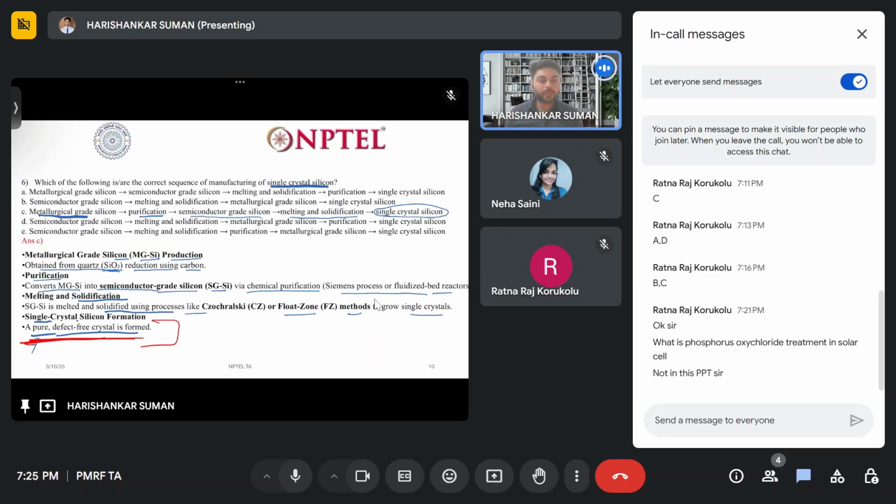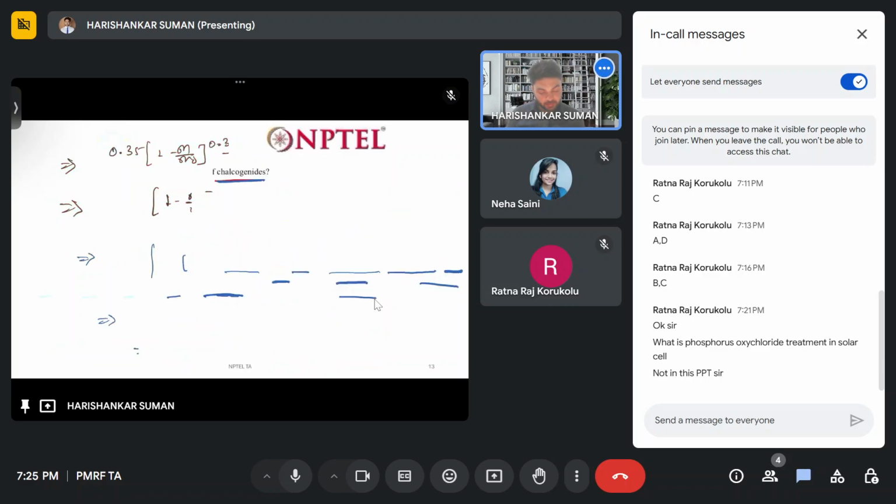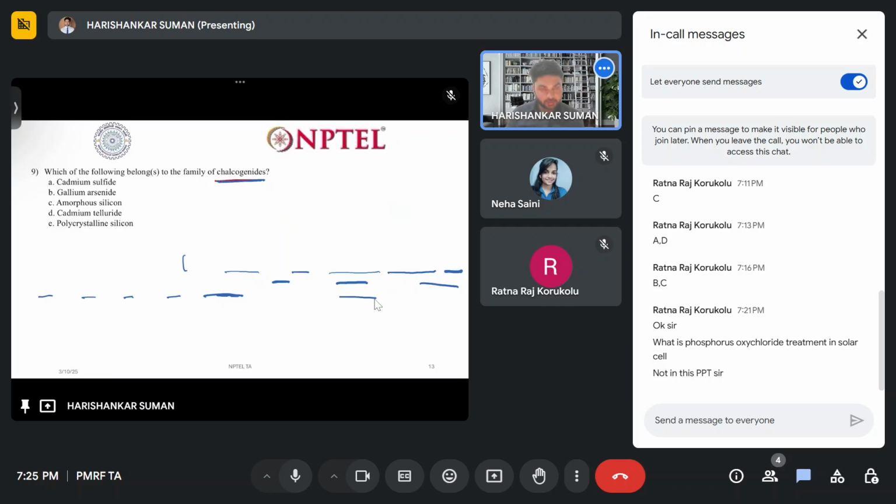Okay, next we solved this question. If silicon is simultaneously doped with p and n types, then obviously a PN junction is formed, and then we applied the condition and solved this question. Next, chalcogenide families.